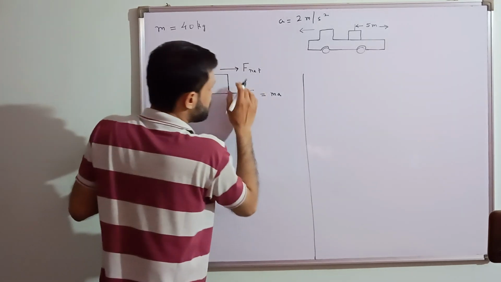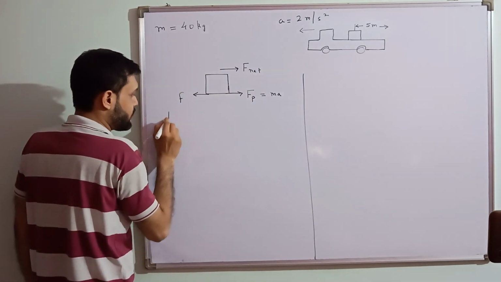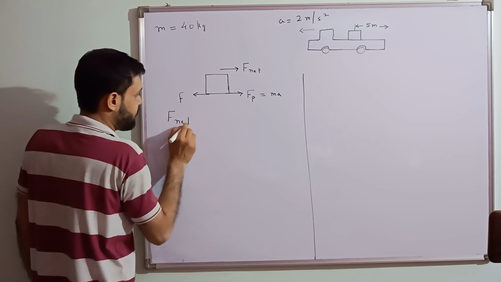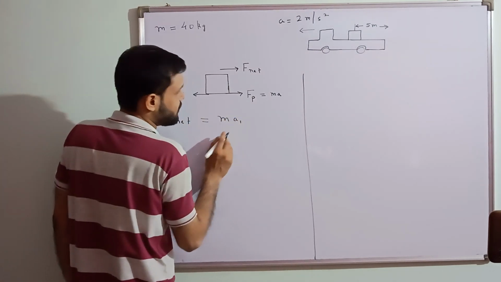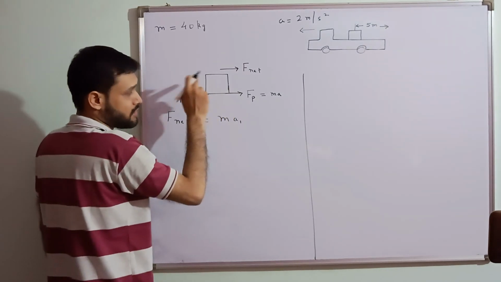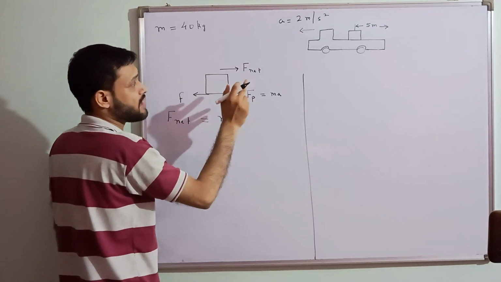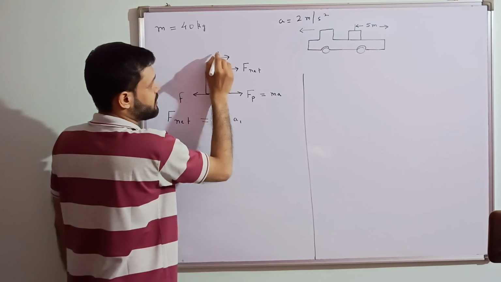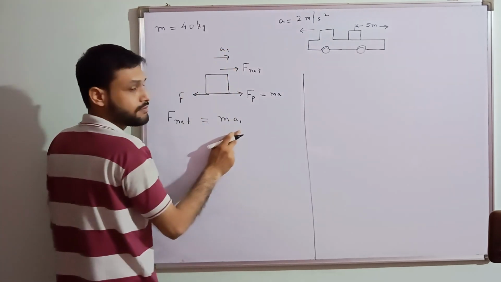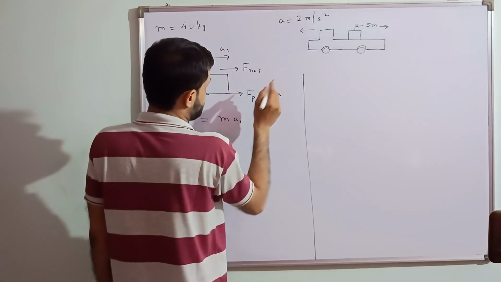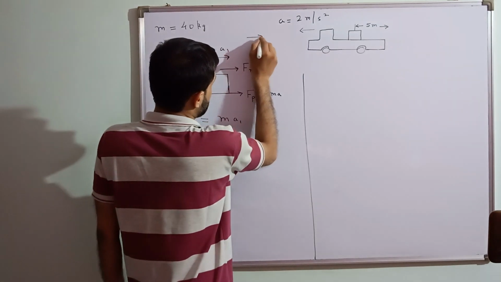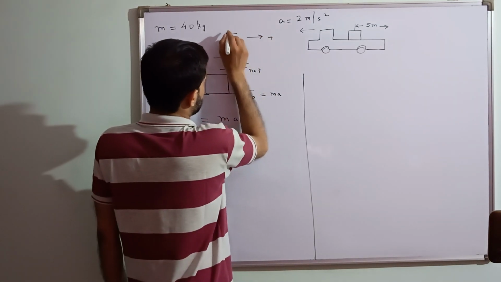F net is equal to mass into acceleration. I am writing it A1. Why am I writing it? Because ultimately the block is moving in this direction. Let's take the acceleration as A1. I am taking this direction as positive and this direction as negative.